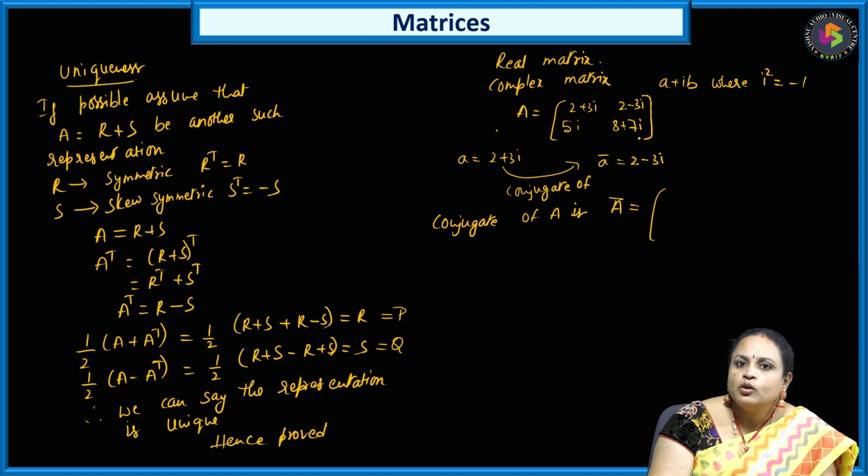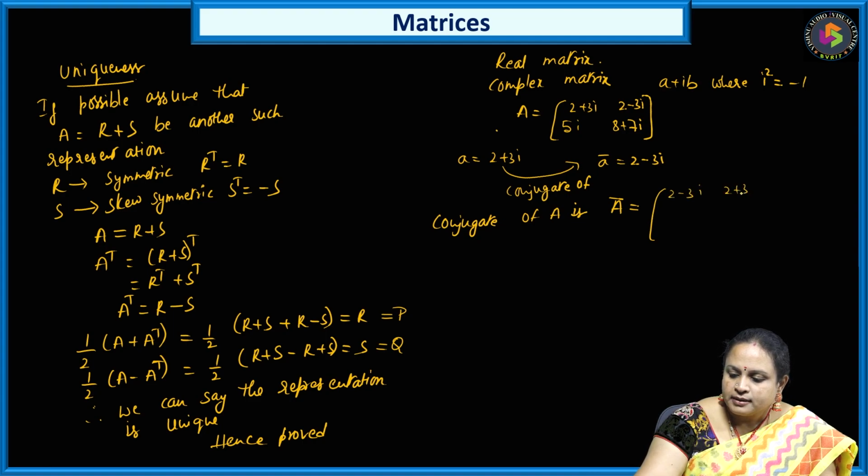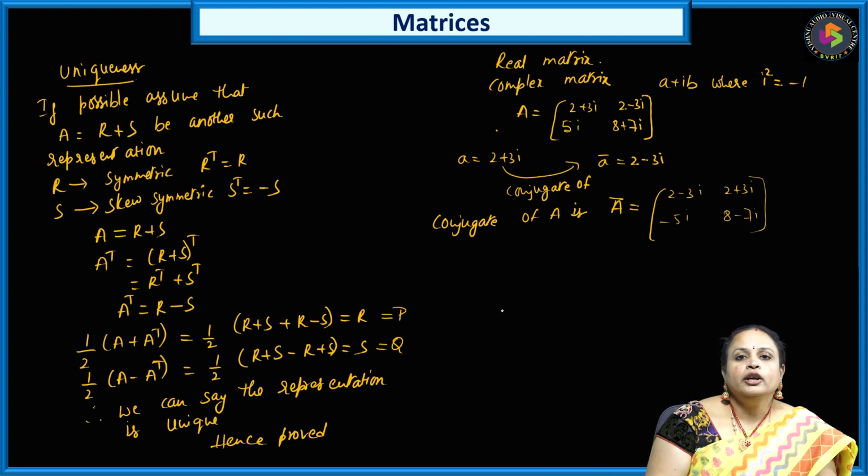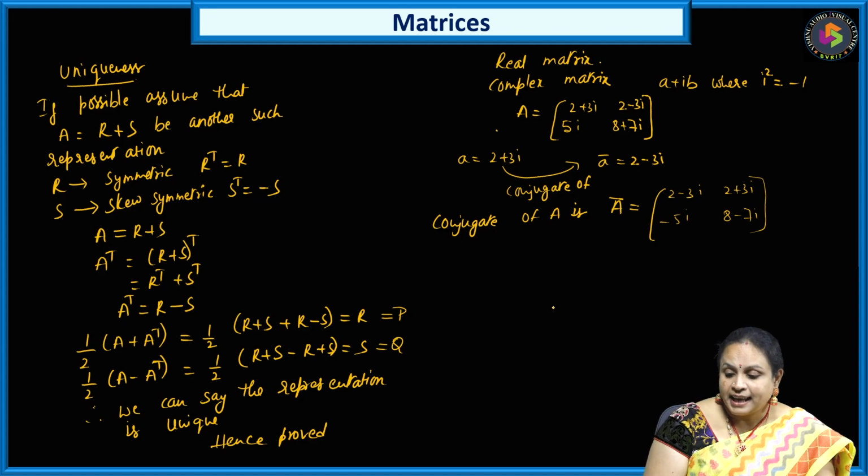So the conjugate of A is A bar, that is 2 minus 3i, 2 plus 3i, minus 5i, 8 minus 7i. This is called the conjugate of the matrix A.